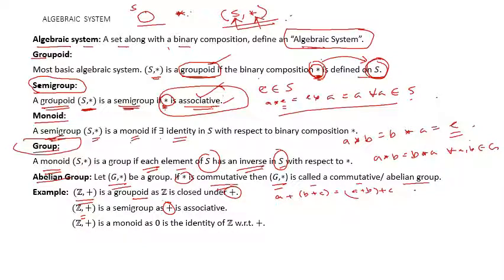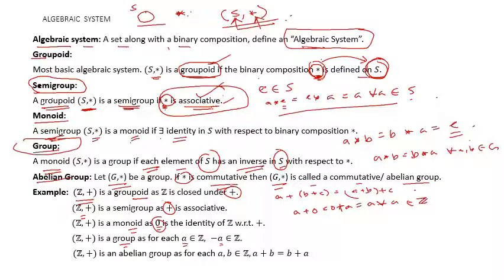Again, Z plus is also a monoid কারণ আমরা জানি যে 0 একটা আইডেন্টিটি এলিমেন্ট রয়েছে such that A plus 0 equal to 0 plus A equal to A for all A belongs to Z. So identity ওর মধ্যে রয়েছে. Further, আমরা এটাও বলতে পারি যে Z plus is also a group because given any A belongs to Z, there exists minus A belongs to Z, which is the inverse of A.